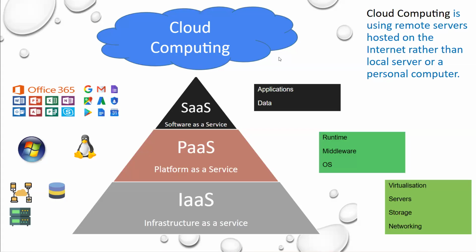Especially in ERP systems, we go to this level, right? I think you are also using SaaS level systems. Can you give examples? You are also using some software as a service cloud computing services, when you use Office 365 or Google Docs, Google Sheets.